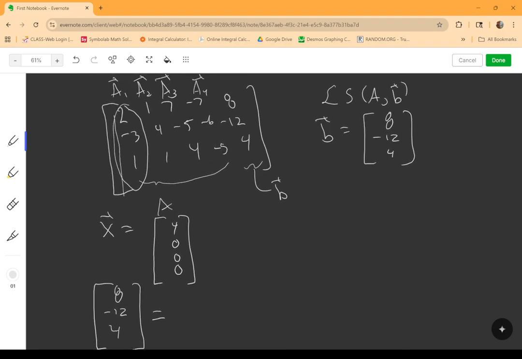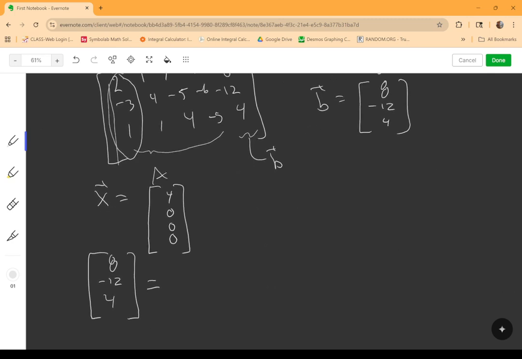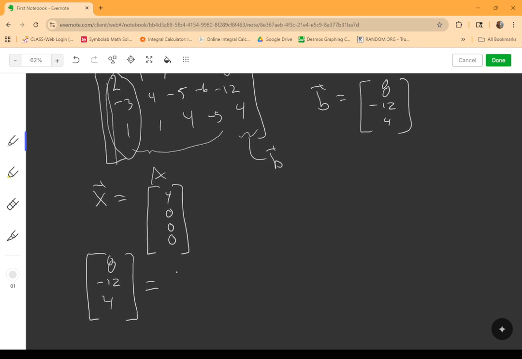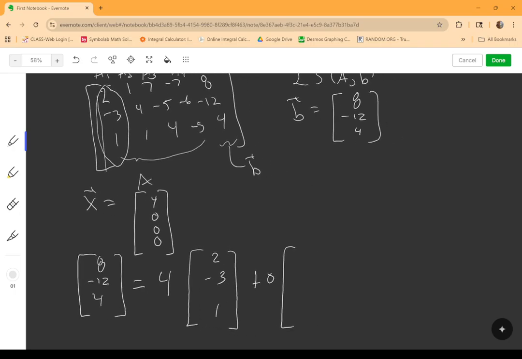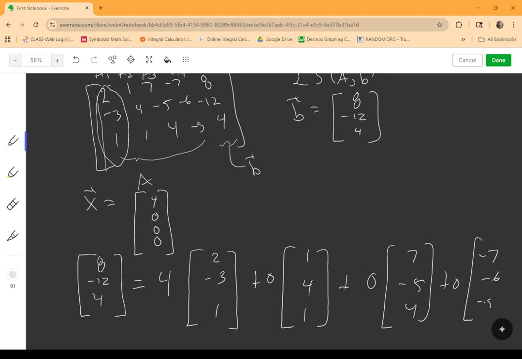So we'll have 4 times A1, which is 2, negative 3, 1, plus 0 times A2, 1, 4, 1, plus 0 times 7, negative 5, 4, plus 0 times the column negative 7, negative 6, negative 5.